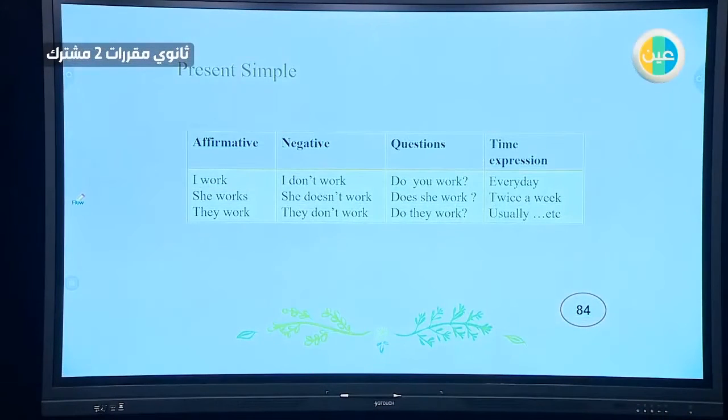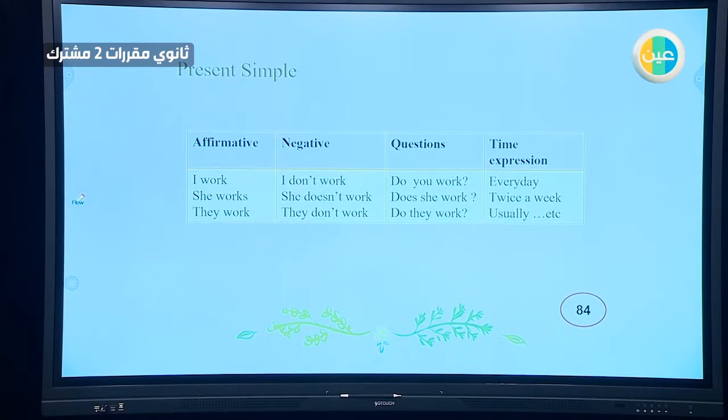Now, most English books start with the beginning of any English sentence. That's something that you use every single day, which is the present simple. In your book also, on page 84, as you see, I used the grammar reference to write this table.